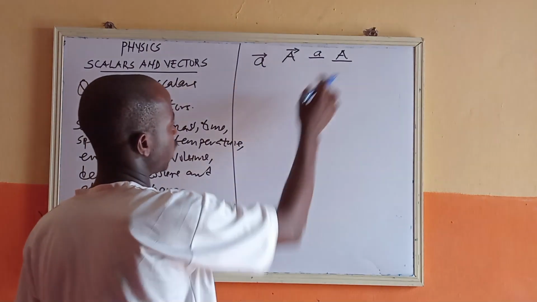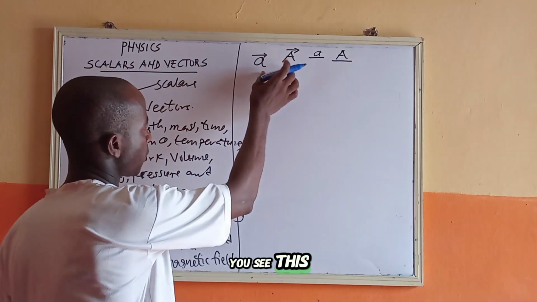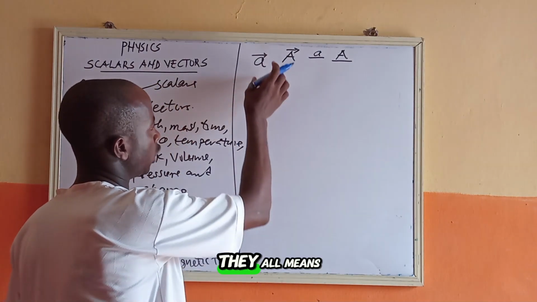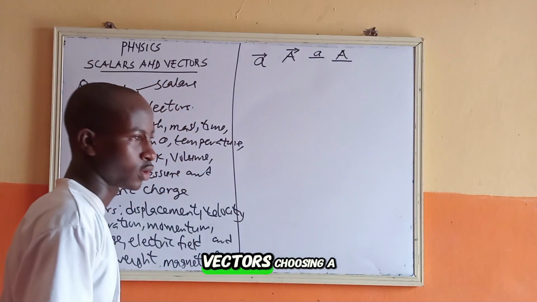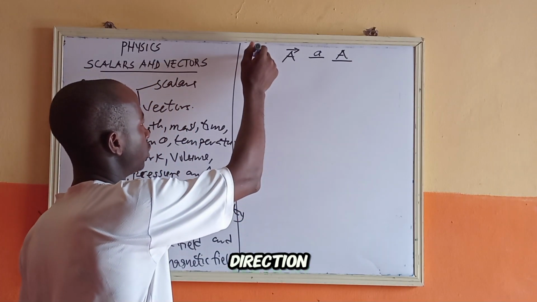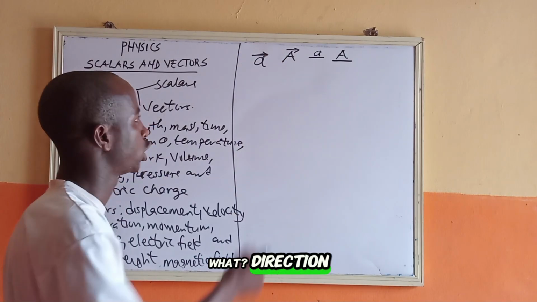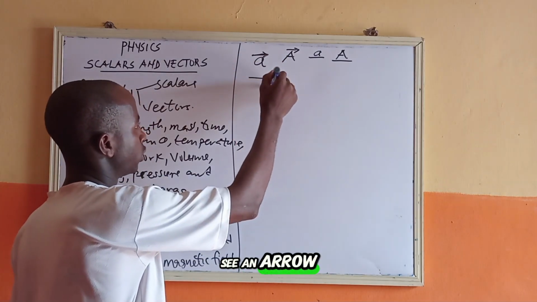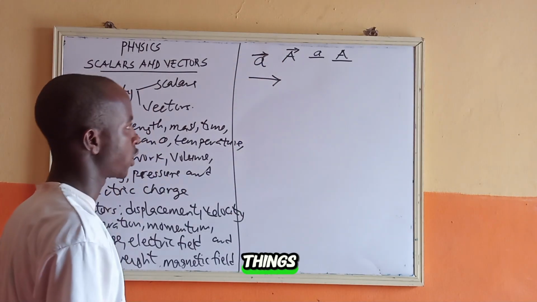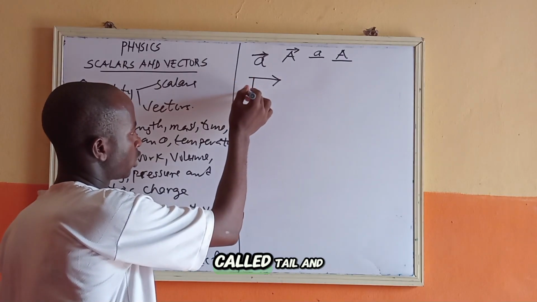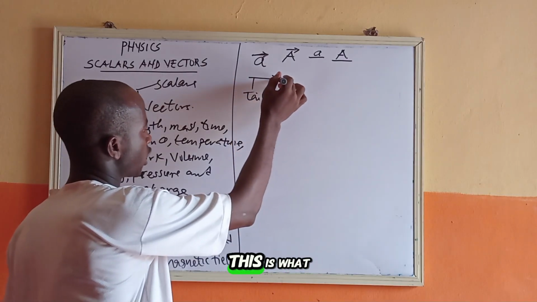So there is a difference between them. You see this, they all mean vectors, showing a direction. This is magnitude and this is what? Direction. So when you see an arrow in physics, it means two things. This one is called the tail and this is what? Head.